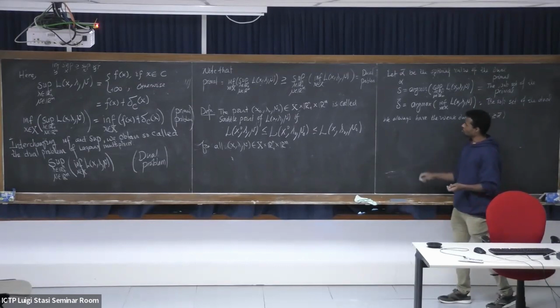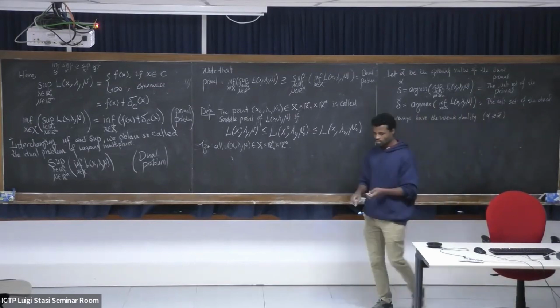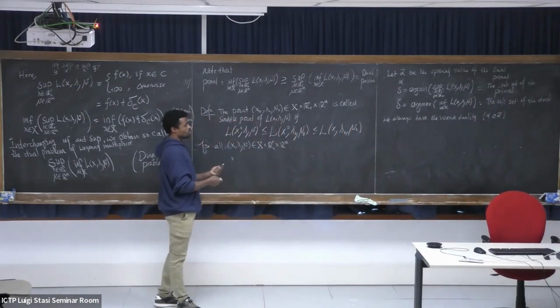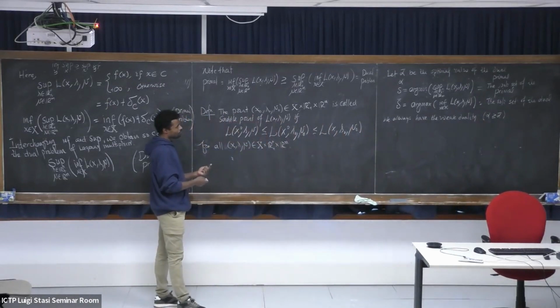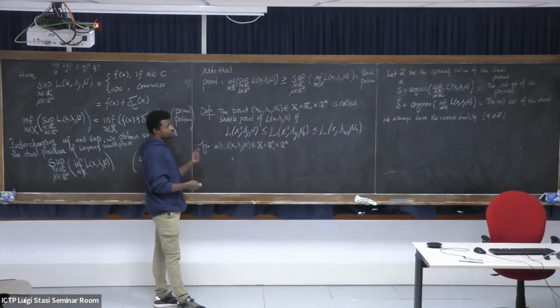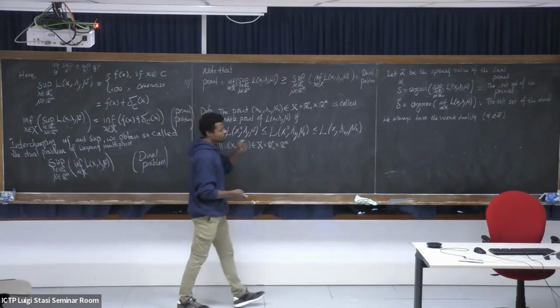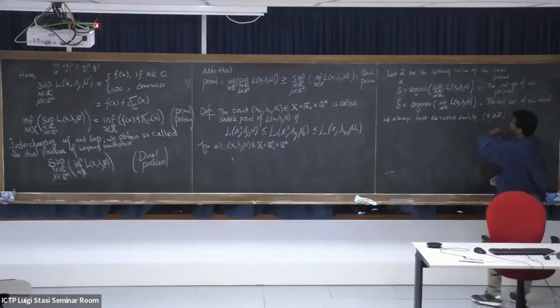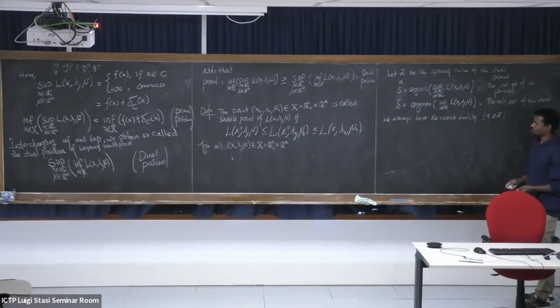Under what condition does the strong duality hold? The optimal value of the primal and the optimal value of the dual are equal is the question.